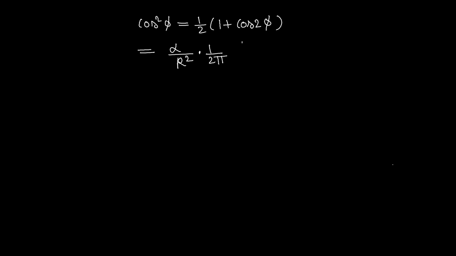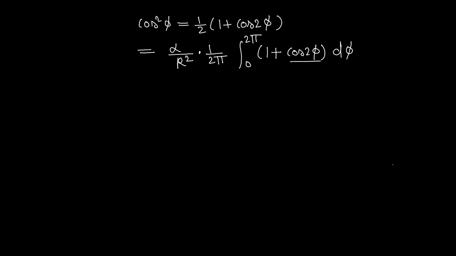Now what is cos square phi? So cos square phi is equal to 1 by 2 into 1 plus cos 2 phi. So we can put all these things in the previous equation. So we will get alpha upon r square into 1 upon 2 pi, limit 0 to 2 pi, 1 plus cos 2 phi d phi.